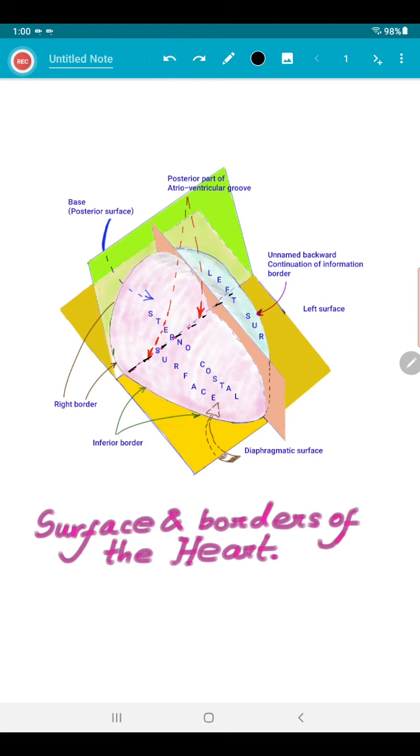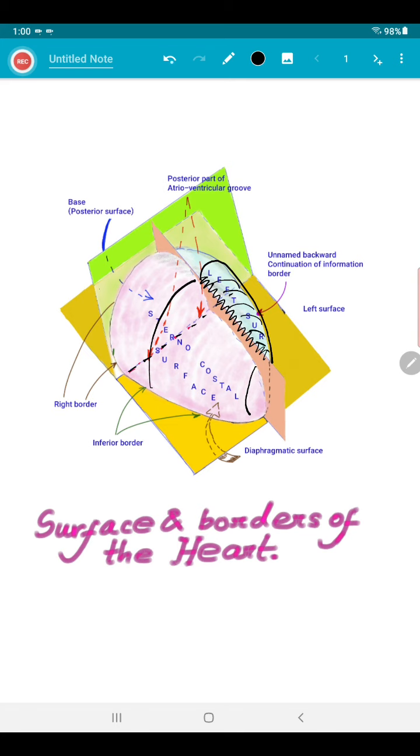Now, the left border of the heart is an ill-defined border. Remember, it is not sharp. It is an ill-defined, convex border separating the sternocostal surface from the left surface. This sternocostal surface will be separated by the left border somehow here, which is not sharp. This is the left surface, which is also convex.